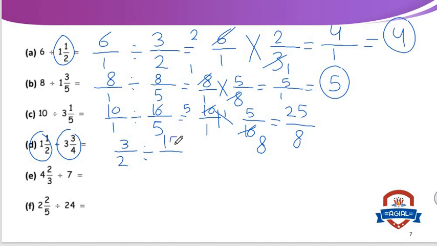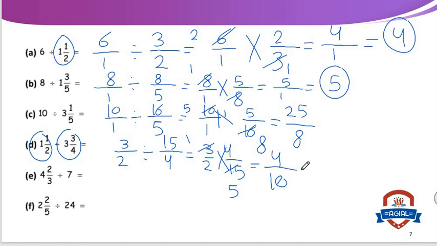Okay, 15 over the same denominator 4. So leave 3 over 2, exchange, multiply, flip 4 over 15. 3 divided by 3 equals 1, 15 divided by 3 equals 5. 1 by 4 equals 4, 2 by 5 equals 10.